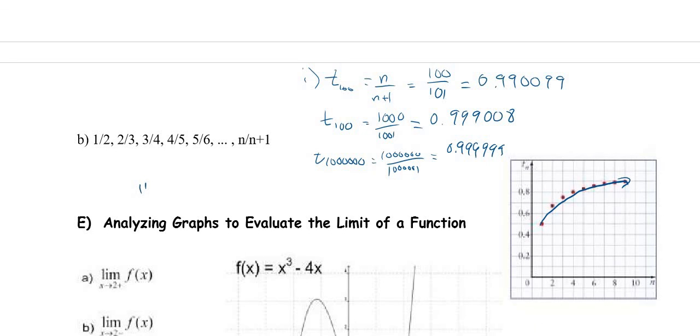So if we were to describe this limit here, that's going to be the limit as n approaches infinity. As we keep going towards the right of our graph, this function, t of n, is going to be equal to 1. So the limit as n approaches infinity of t of n equals 1.